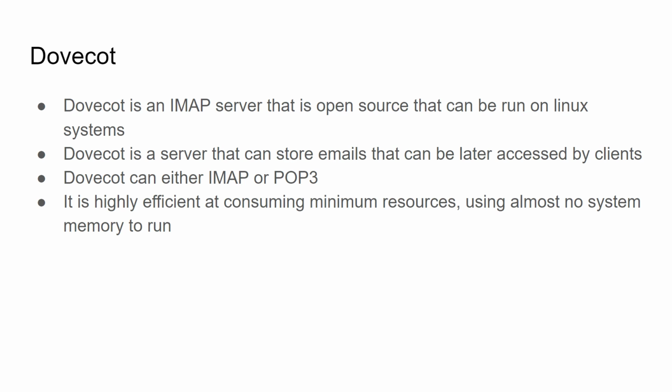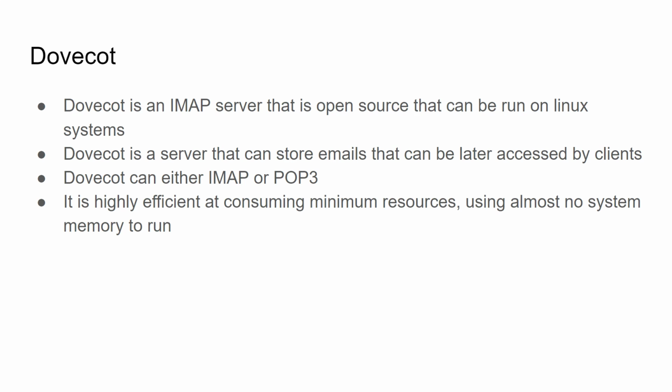Next, we will be talking about Dovecot. Dovecot is an IMAP server that is open source that can be run on Linux systems. Dovecot is a server that can store emails that can be later accessed by clients.